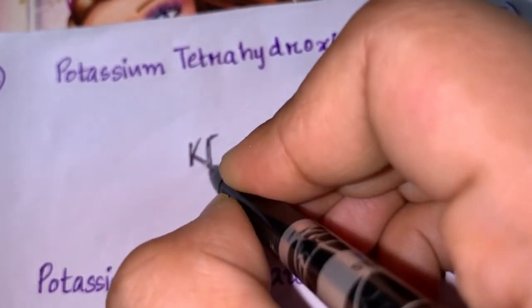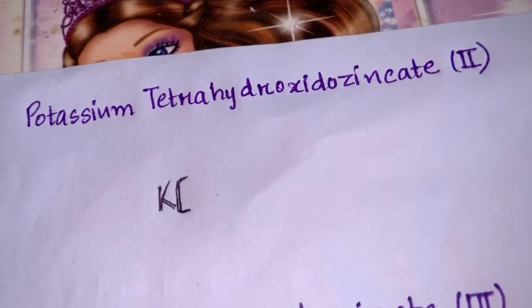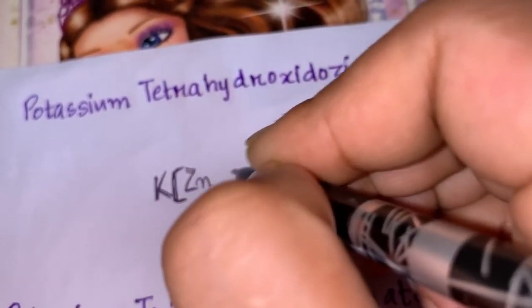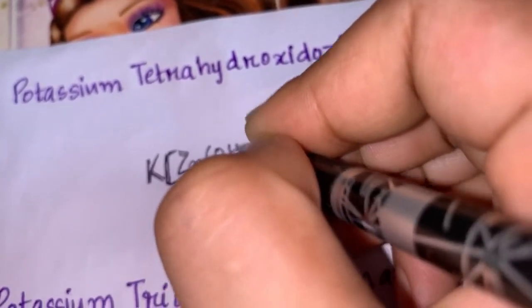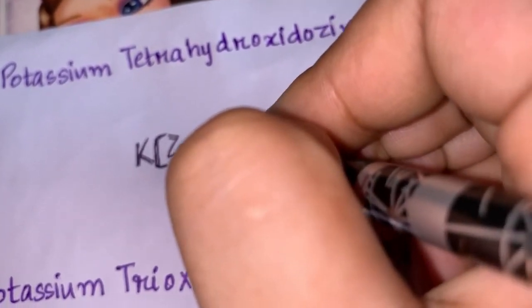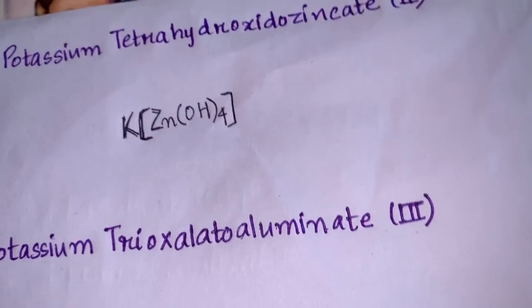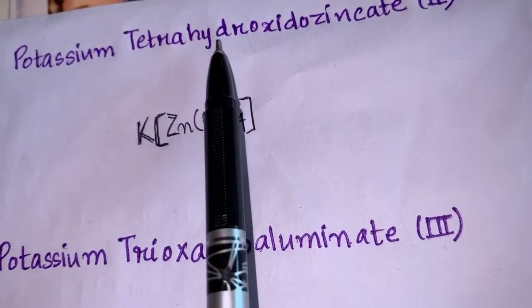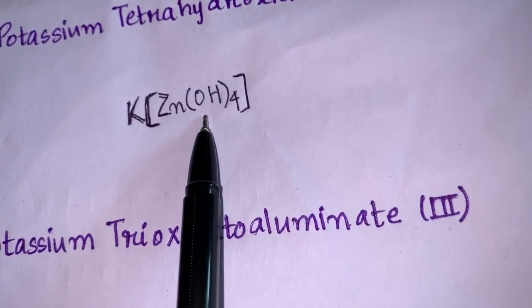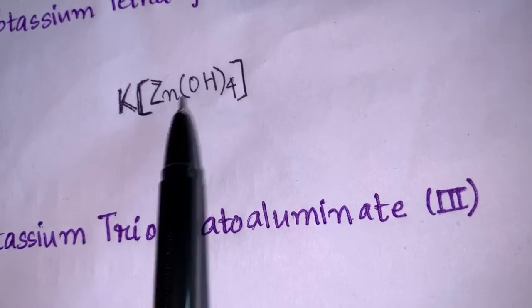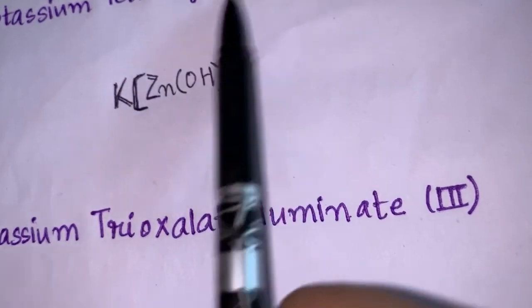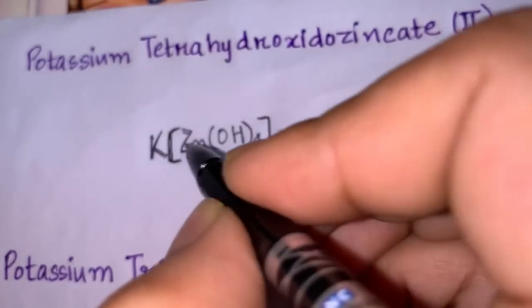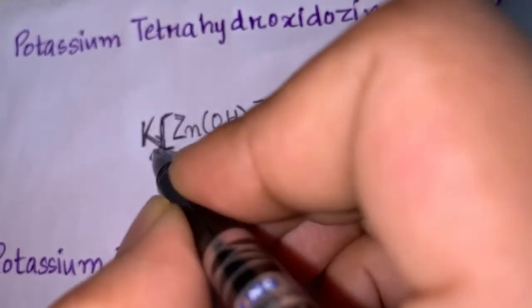We start the square bracket, zincate, zinc, tetrahydroxido, that means (OH)4. Total 4 hydroxidos are present and the charge is 2-, so for that here we'll be writing 2.